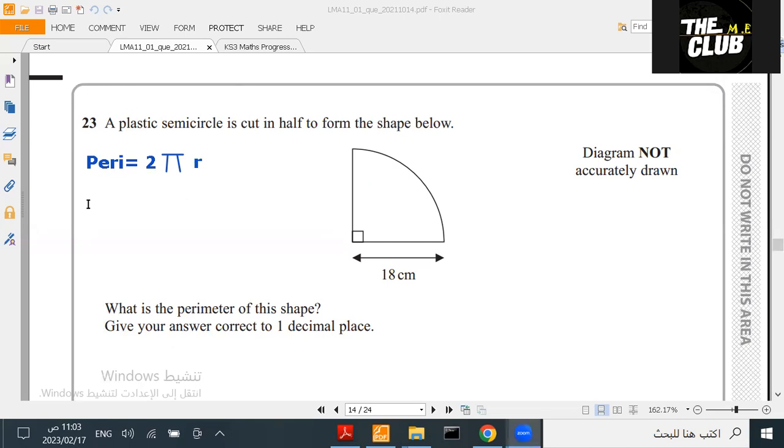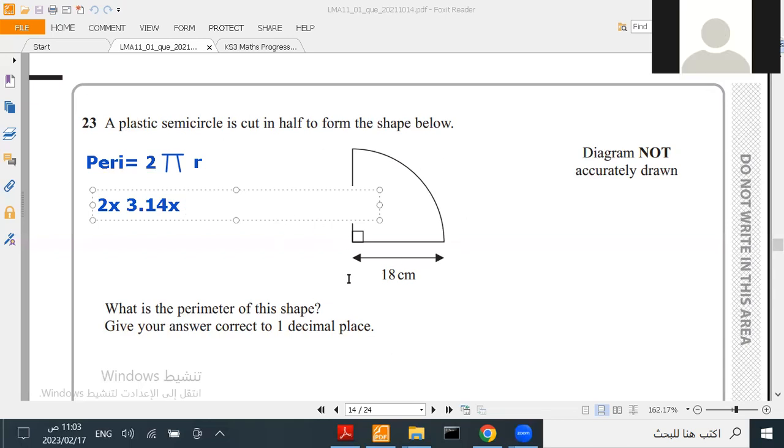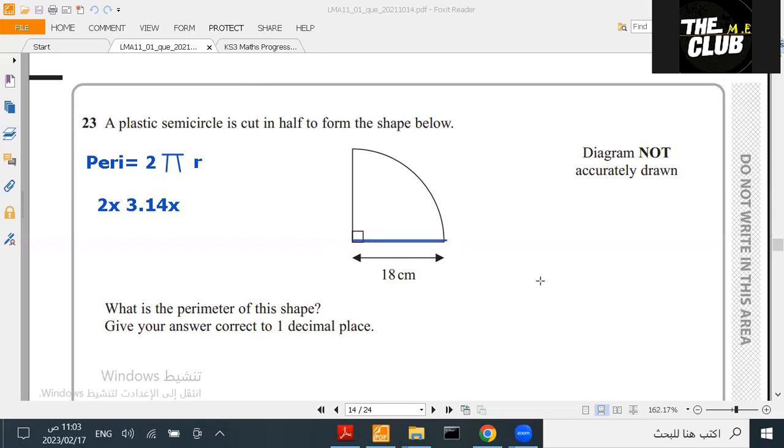First we say 2 times 3.14 times r. What is the radius? Is 18 half of a diameter? Is this line the diameter of the circle? No, it's the radius. The radius is the line that connects the center of the circle to the circumference.